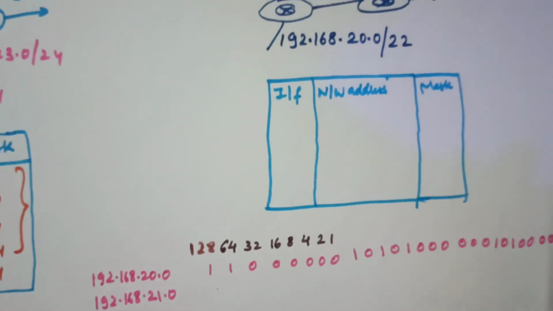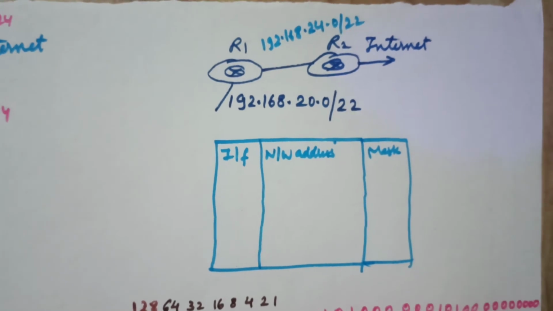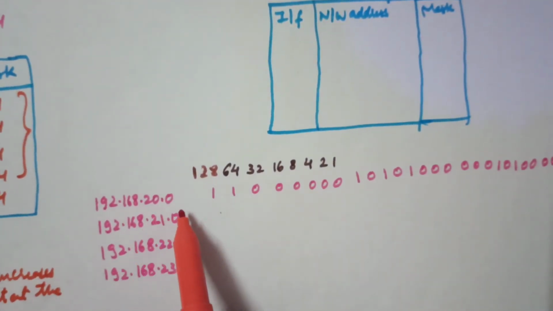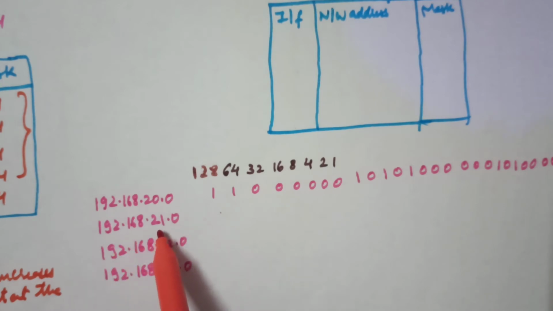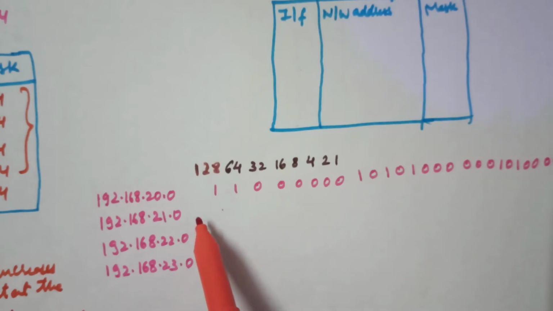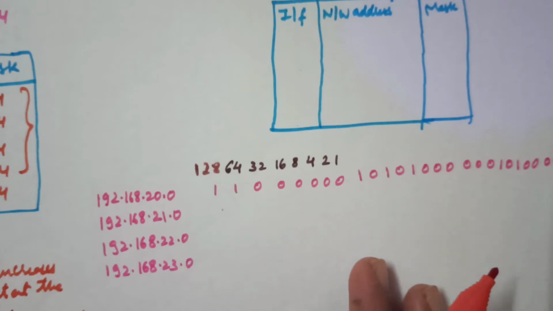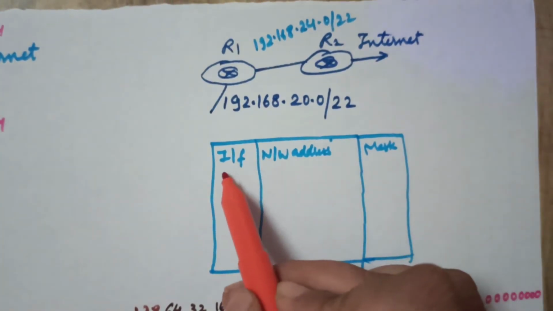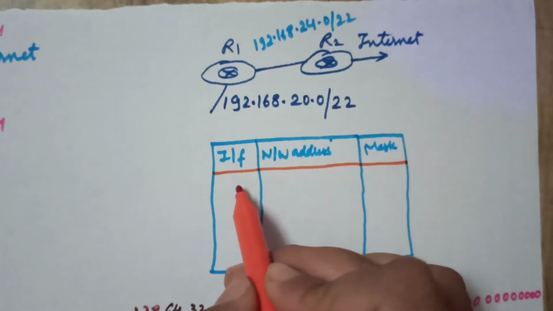Now with supernetting, the four addresses 192.168.20.0, 192.168.21.0, 192.168.22.0 and 192.168.23.0 can be summarized or aggregated into a single IP address, and thus the routing table will have the single entry.